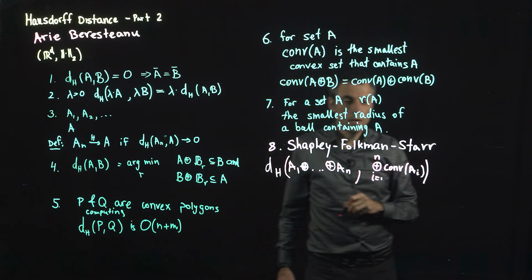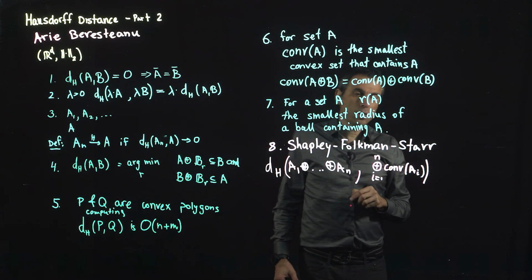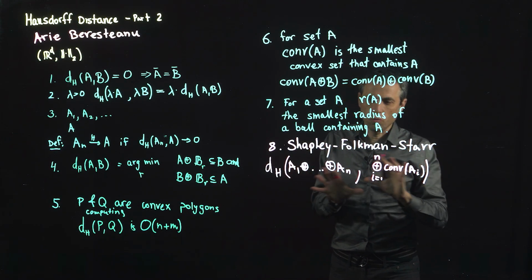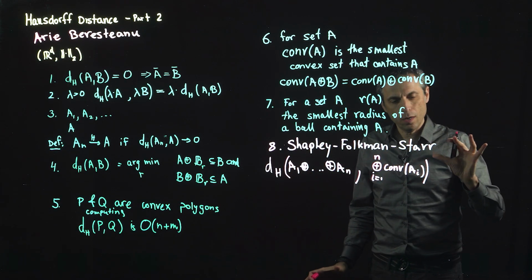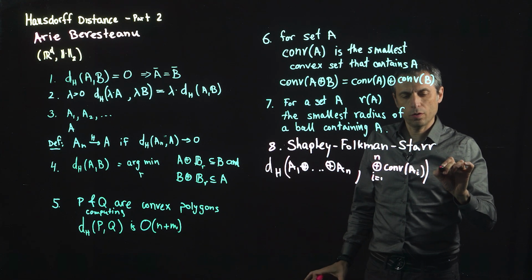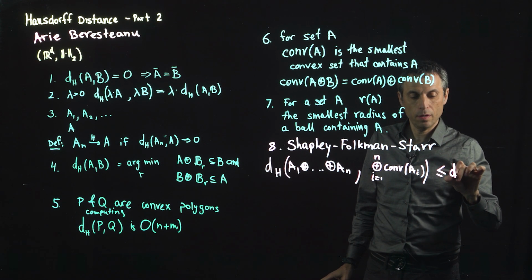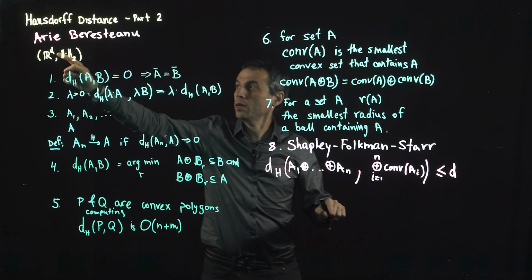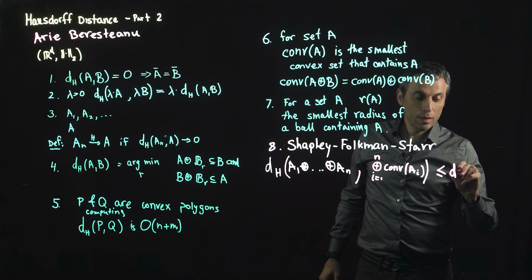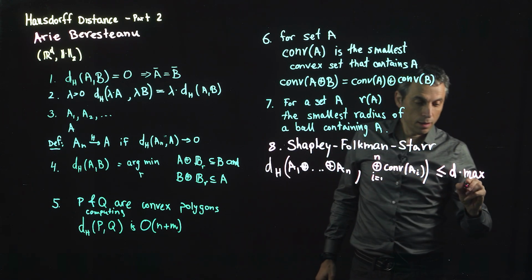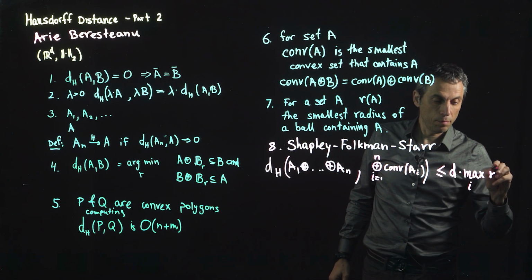And the Shapley-Folkman-Starr theorem says, and there are several ways to write it, but I'm going to write it in a short, efficient way. It's less than or equal to d times, and this d is the same d here, the dimension, times the maximum over all the sets i of the radius.